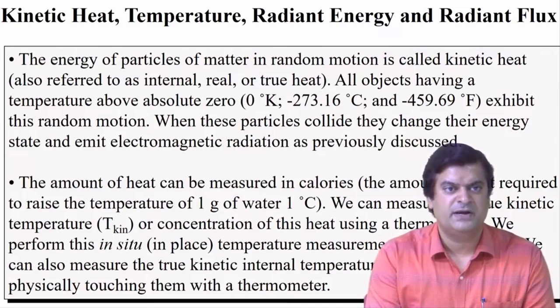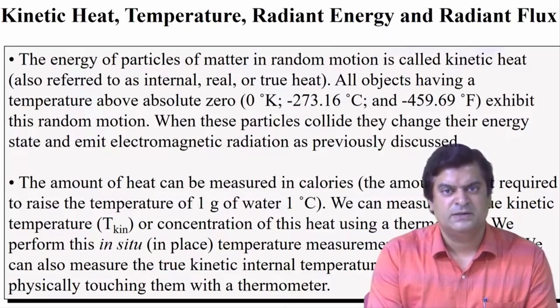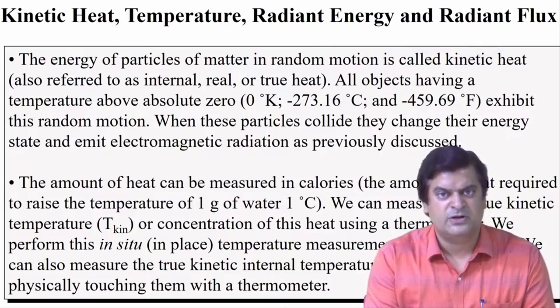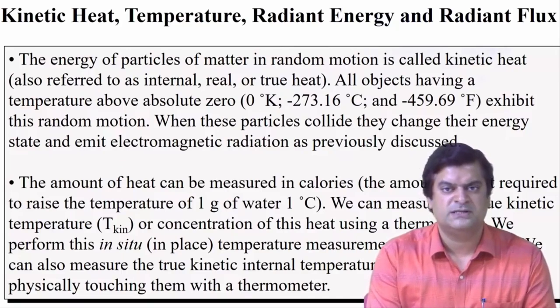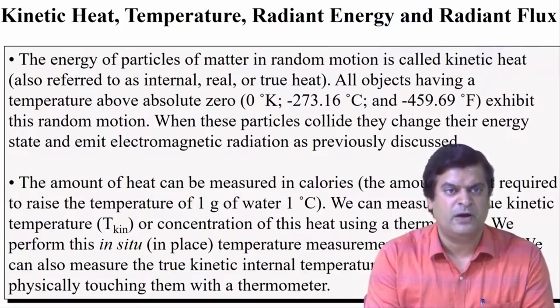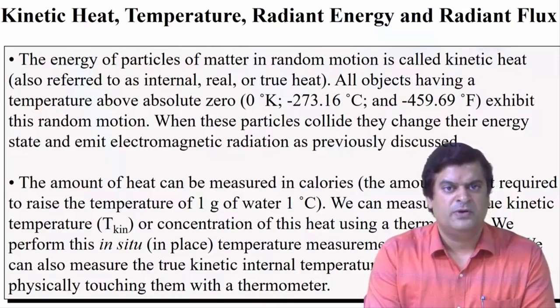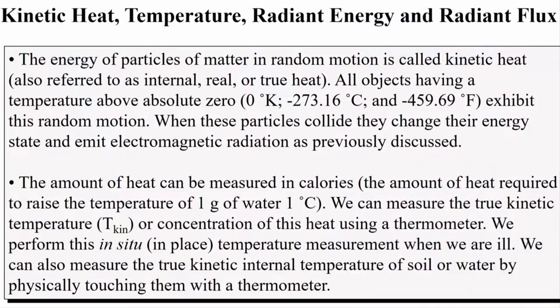All objects having a temperature above absolute zero, or 0 degrees Kelvin, or minus 273.16 degrees centigrade, also referred to as minus 459.69 degrees Fahrenheit, exhibit random motion. When these particles collide, they change their energy state and emit electromagnetic radiation.